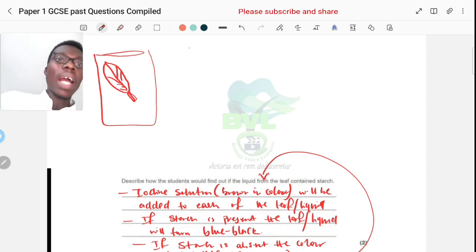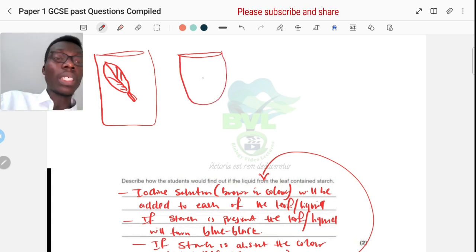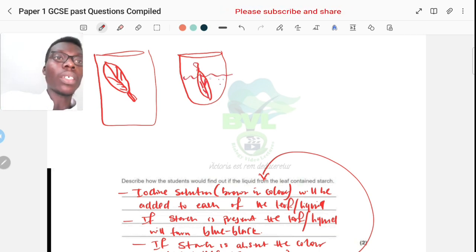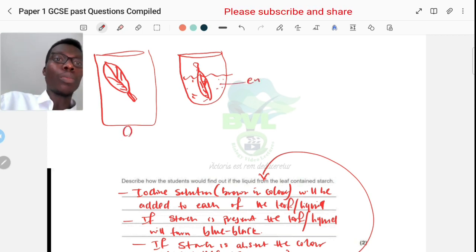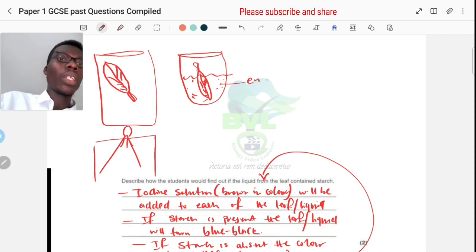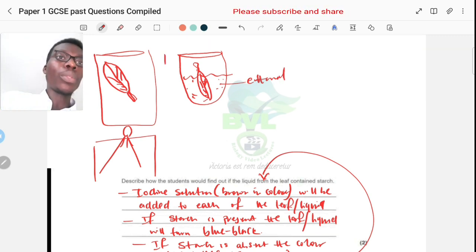Afterwards, you rinse the leaf, you cool it down, then you put that same leaf in a test tube that contains ethanol. So this one, you've boiled it here directly, all right? Then here, this is ethanol. So in this case, you're not putting this.